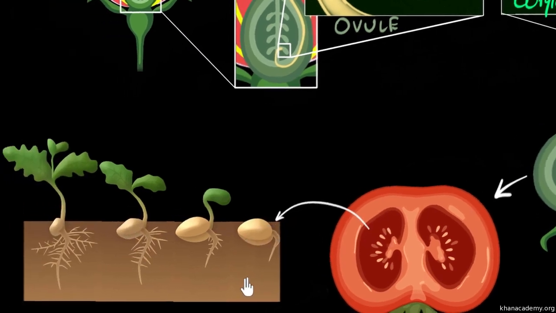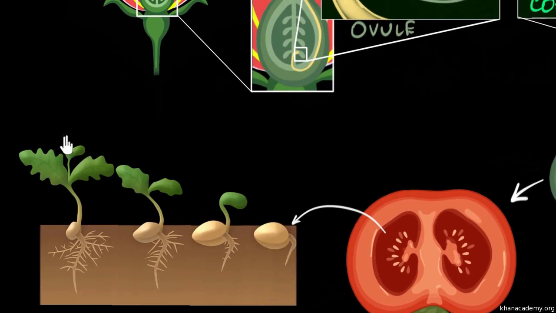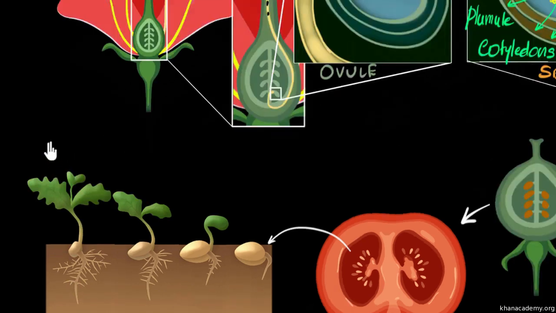Finally, a new baby plant is born. The roots can keep on growing. The plant can keep on growing. And once the plant becomes mature enough, it can grow new flowers. And the flowers can get pollinated. And now the cycle can repeat. This process of new plants growing from a seed, by the way, is what we call germination.